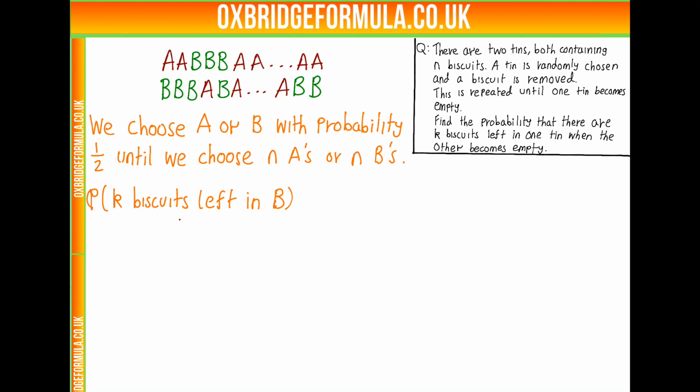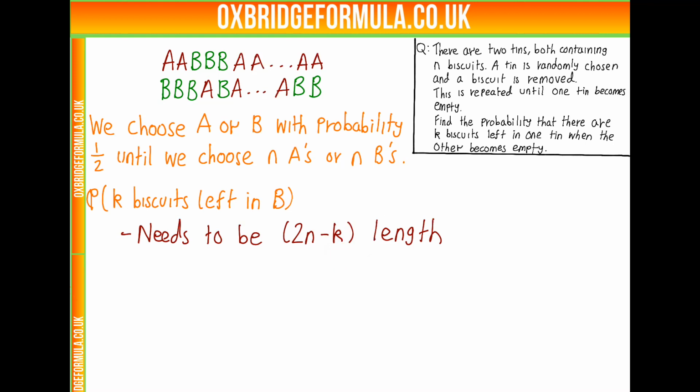So now we need to suss out what happens in the sequence when this happens. What are sufficient and necessary conditions for this string of A's and B's to mean that in real life we've got K biscuits left in tin B? So for K biscuits left in tin B, we need the sequence to be 2n minus K length. This has to happen because that means when we finish, there's K biscuits left in one of those tins.